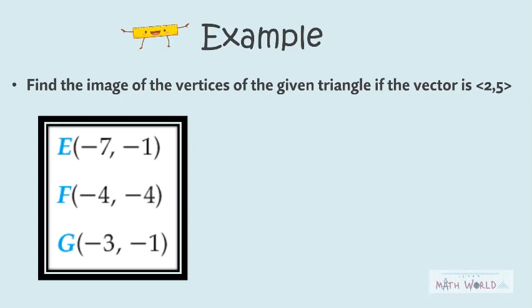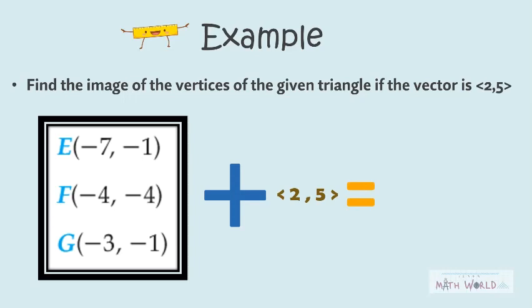So to find the image of the vertices of the triangle, we need to add the x-coordinate of each point to the x-coordinate of the vector, and add the y-coordinate of each point to the y-coordinate of the vector. So in the first vertex E, we need to add -7 to 2 and equals -5.